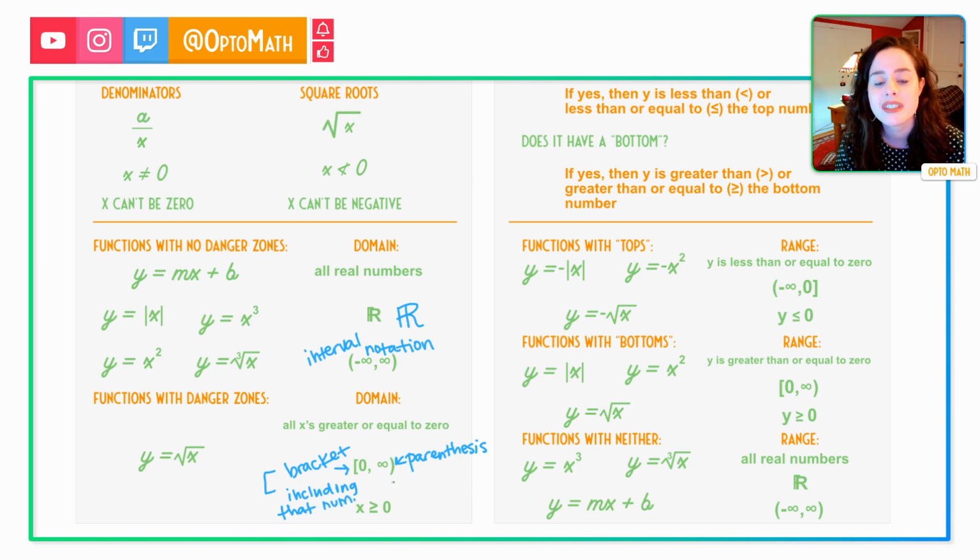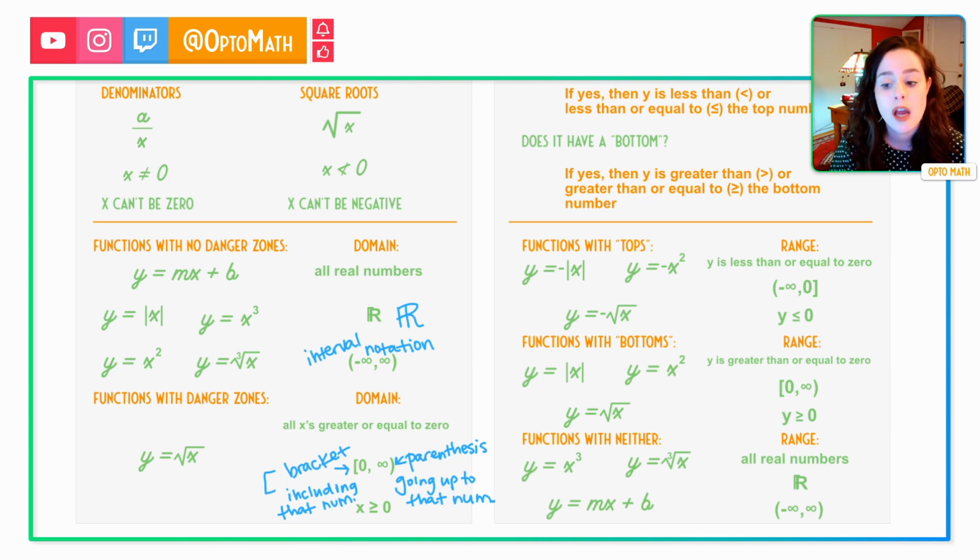And the parentheses, or the parenthesis, is meaning you're going up to that number. Now, you always, always, always put a parentheses when you're talking about infinity.